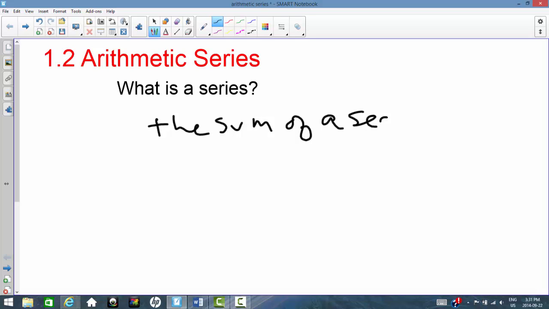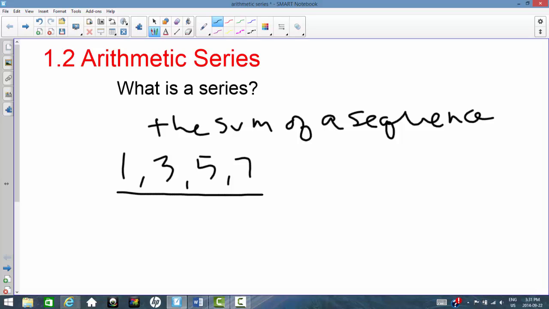So for example, if we had the sequence 1, 3, 5, 7, we're going to talk first about just finite sequences, so ones that have only a certain number of terms. So in this case, there's 4 terms, and the series would be 1 plus 3 plus 5 plus 7.